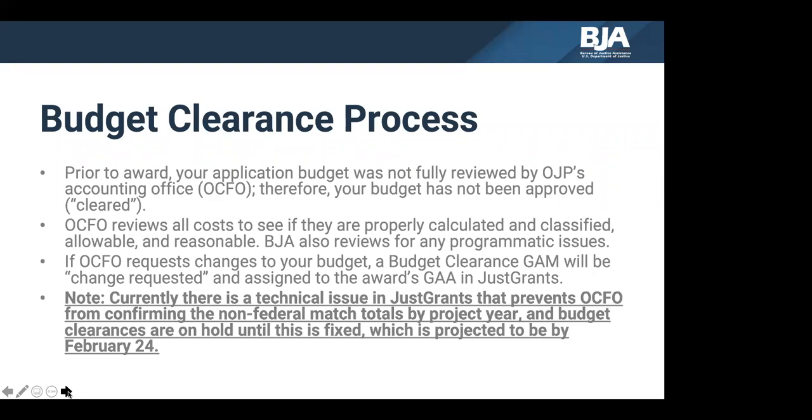OCFO is not processing budget clearance GAMs. We expect a fix on or before February the 24th. When OCFO reviews a budget and it requires changes, a budget clearance GAM will be change requested and will appear in the grant award admin's work list to make the requested changes and resubmit.